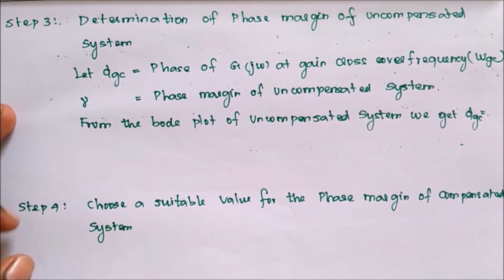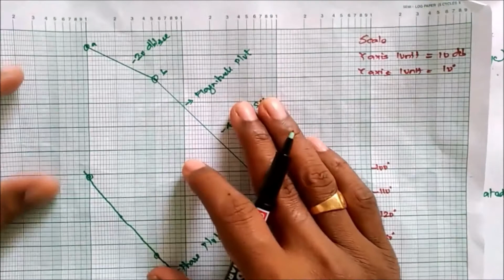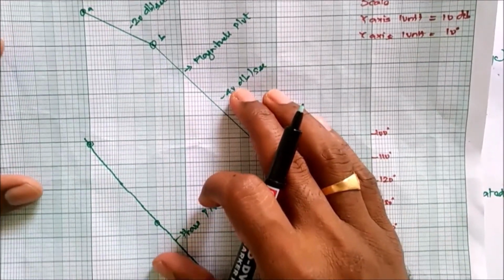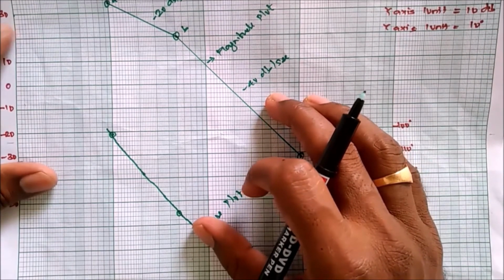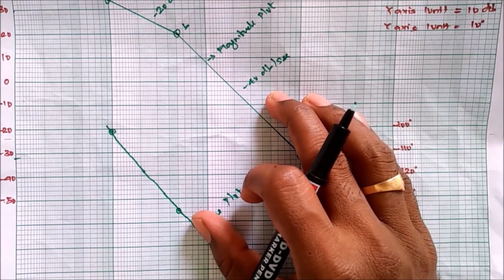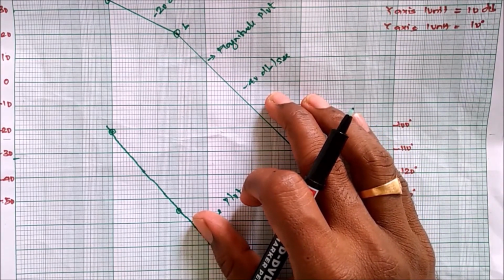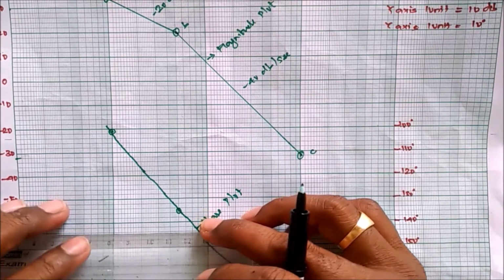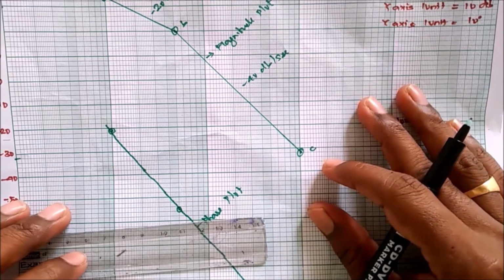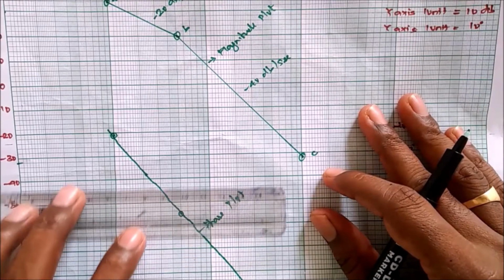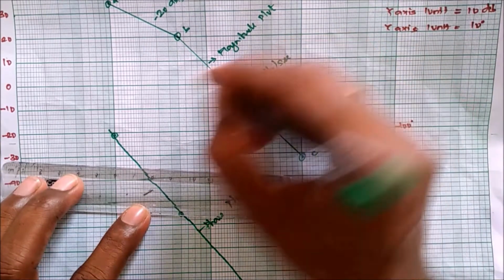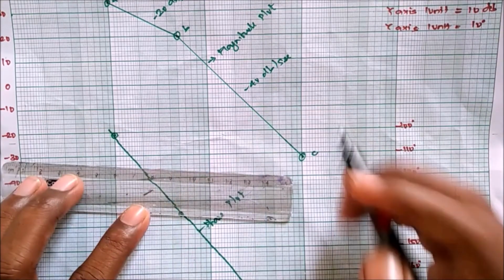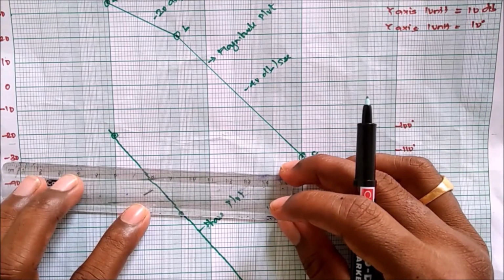Actually, we know this is the uncompensated system's magnitude plot and phase plot. From both plots, we have to find the gain crossover frequency. The procedure is: in the magnitude plot, where it cuts the 0 decibel line, the corresponding frequency is the gain crossover frequency.